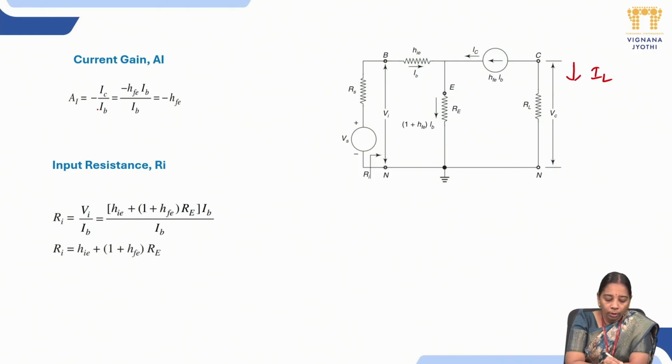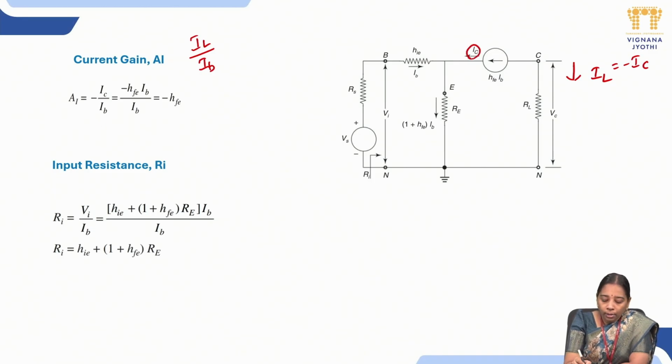So we already know that current gain is the ratio of load current to input current, that is IL by IB. IL and IC are both equal in magnitude but opposite in direction. So you could say that IL is equal to minus IC. Because of that we have written AI is equal to minus IC by IB.